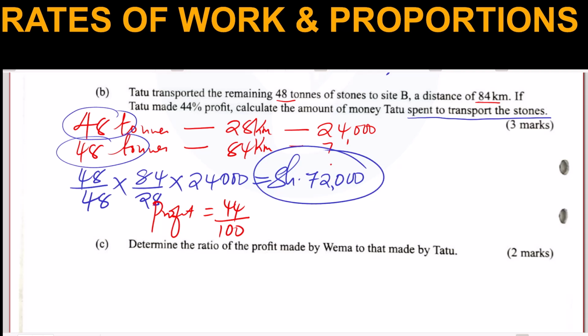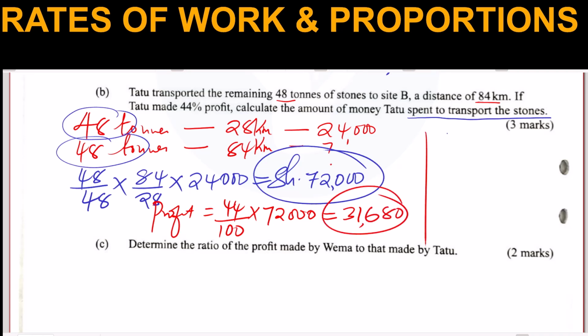So we get the profit by taking 44% of this amount. 44% times 72,000 gives the profit, which is 31,680.